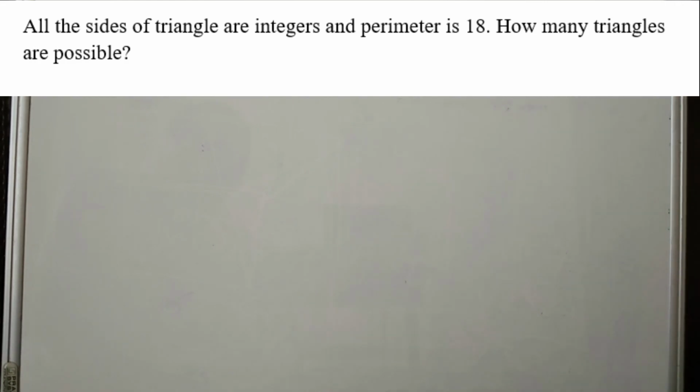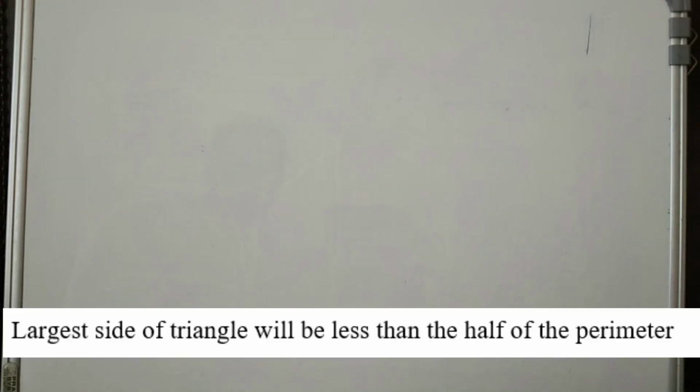So the perimeter is given to be 18. How can I begin this question? One thing that we need to know is that the biggest side possible in a triangle is less than half of the perimeter.